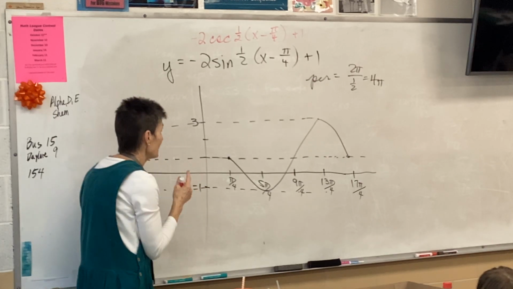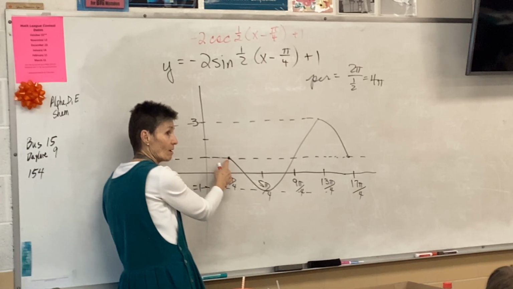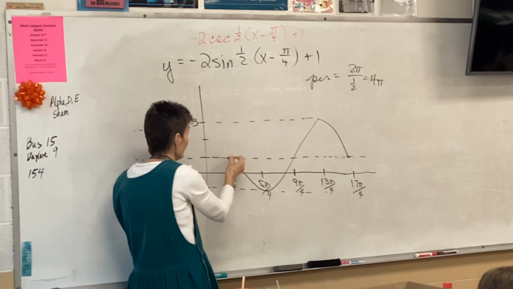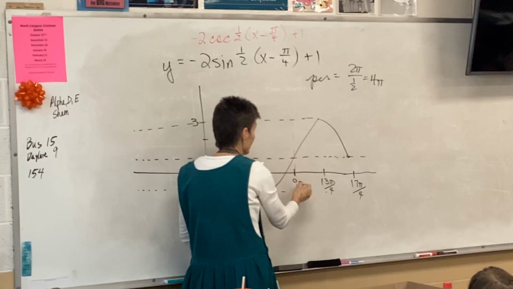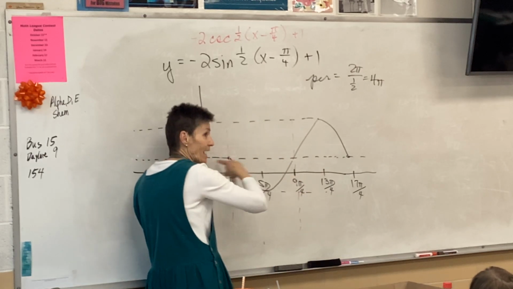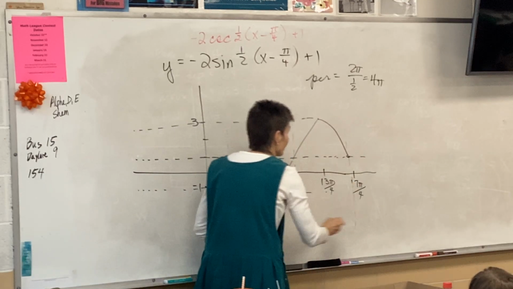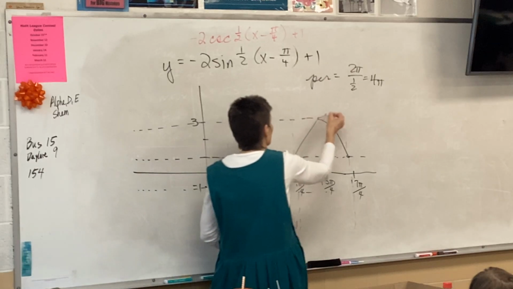We drop in an asymptote wherever we cross our axis, right? So we're going to draw in an asymptote at pi over 4, 9 pi over 4. This is my axis right here now, so that's where my asymptotes are going. And then this one comes down, and this one goes up.